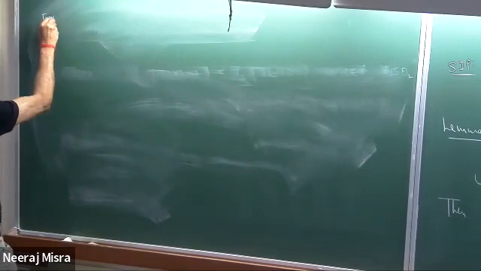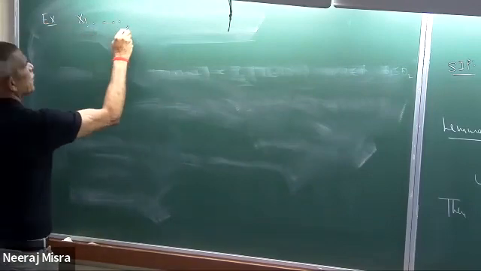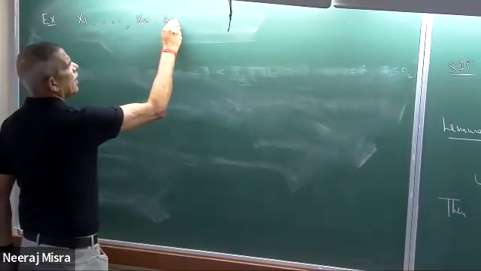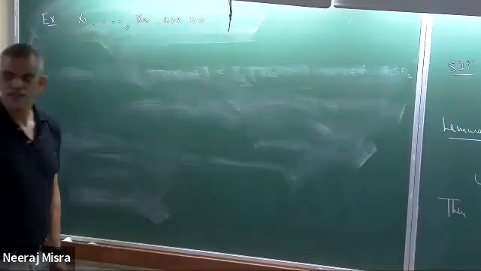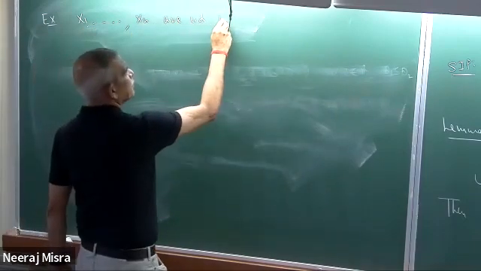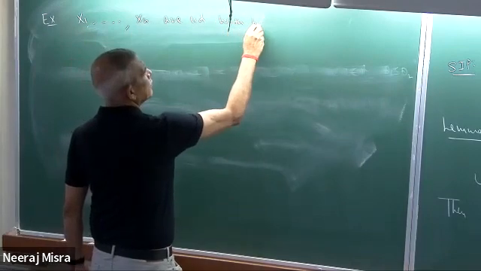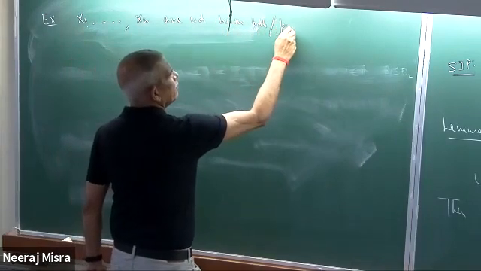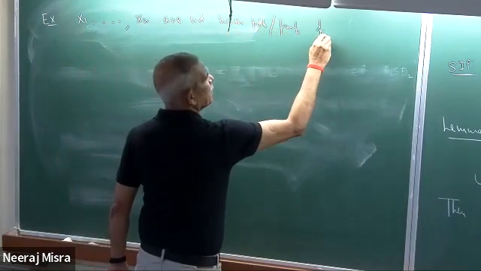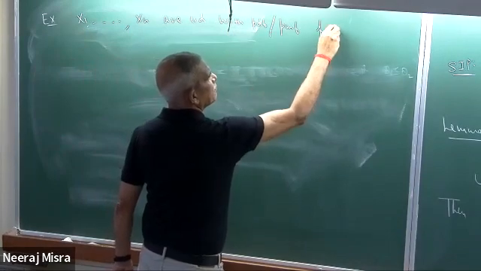So, for example, let us say X1, X2, ..., Xm are IID with PDF or PMF f theta.